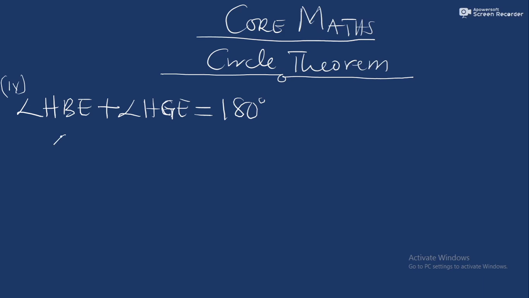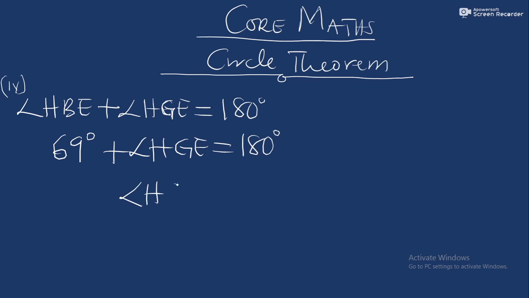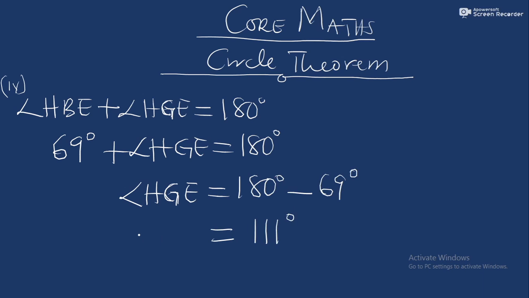So substituting, we have 69 degrees plus angle HGE equals 180 degrees. So angle HGE will be equal to 180 degrees minus 69 degrees. Simplifying, we are going to get 111 degrees. That is angle HGE.